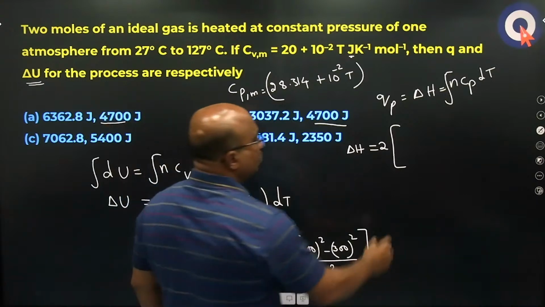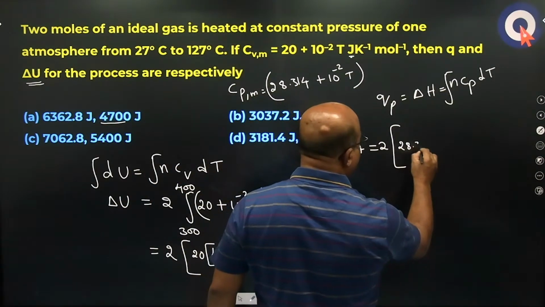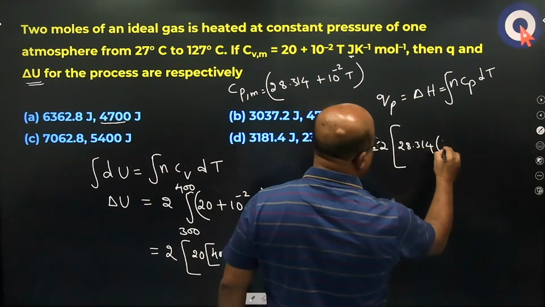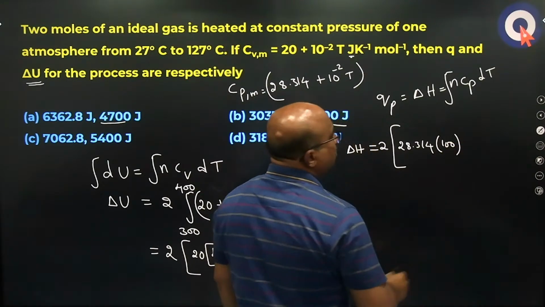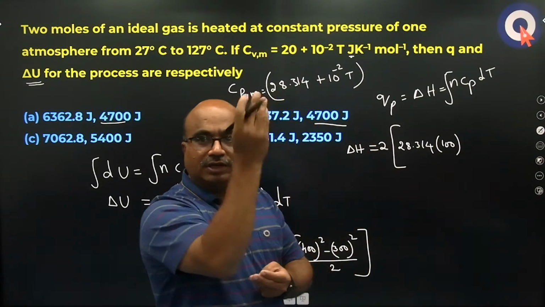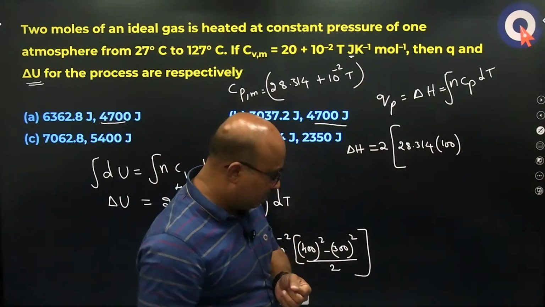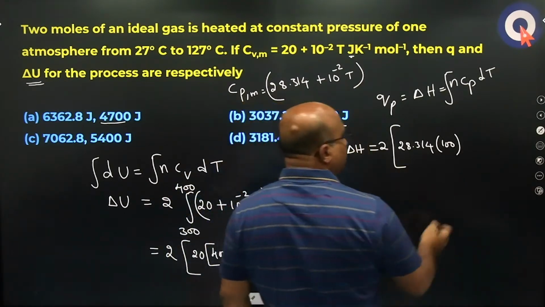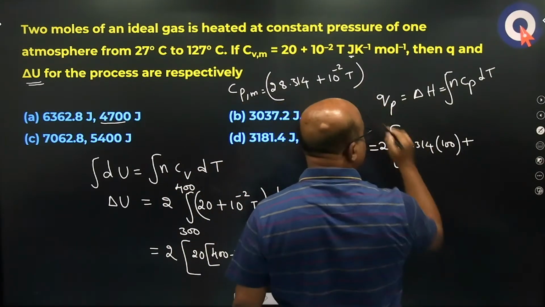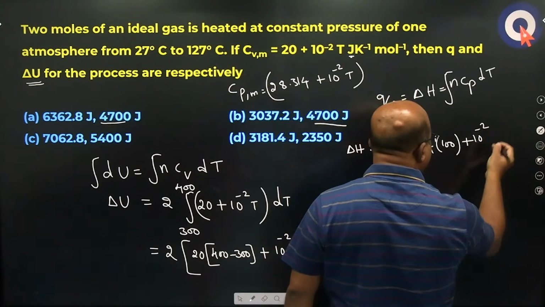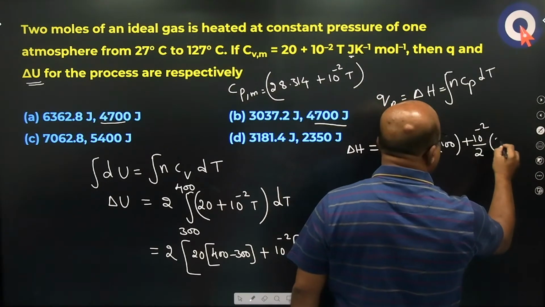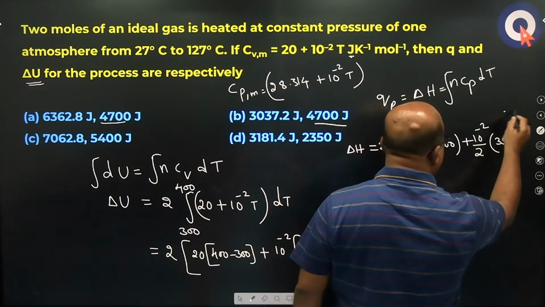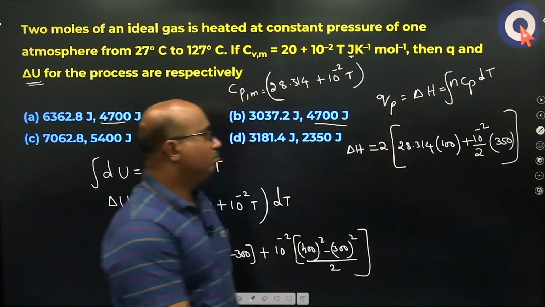So it's 28.314 into 100, directly I write because it is a constant, integration of 1 dT is 1 again. So that is 300 to 400, plus again 10 to the power of minus 2 by 2 into 350, same thing we are repeating.